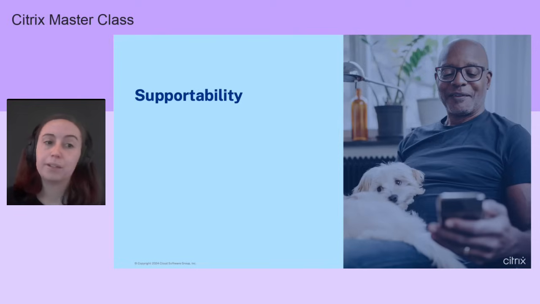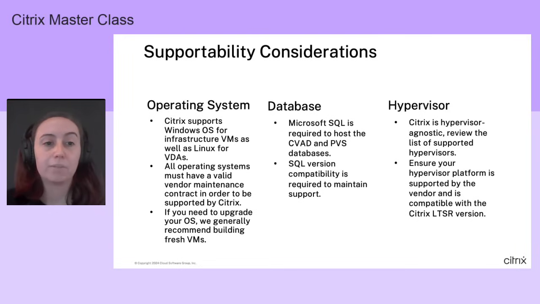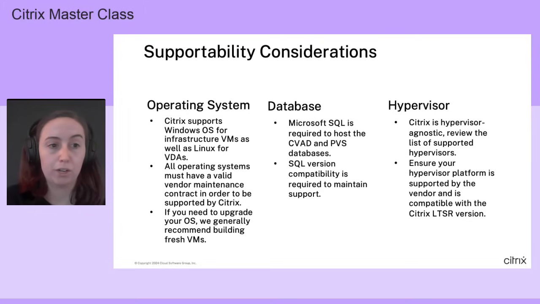So first up is supportability. There are a couple of key supportability considerations when it comes to supporting a Citrix environment. First up is operating systems. Citrix supports Windows operating systems for our infrastructure VMs, such as delivery controllers and StoreFront, and we also support Linux for VDAs as well.